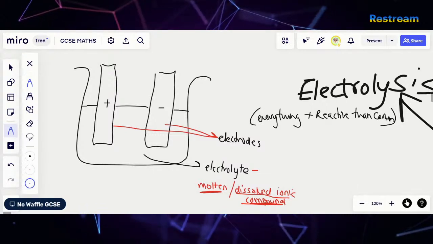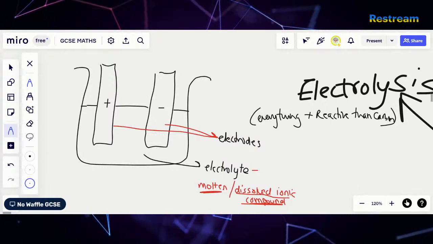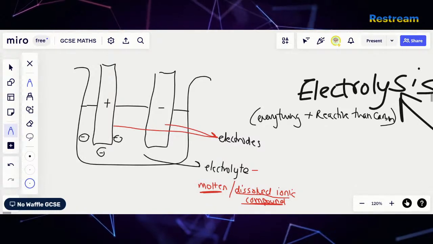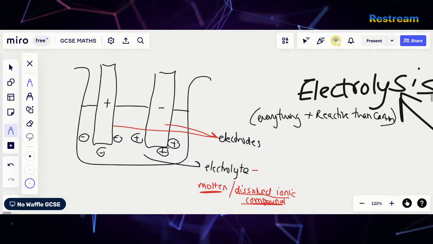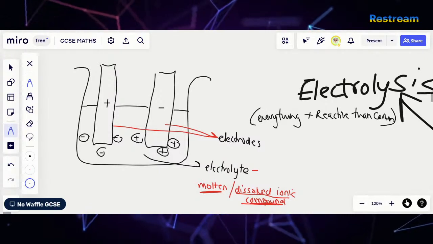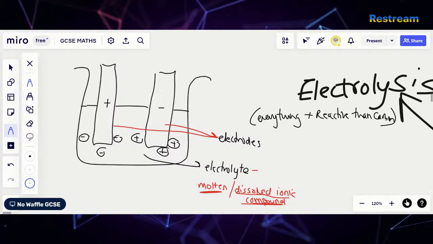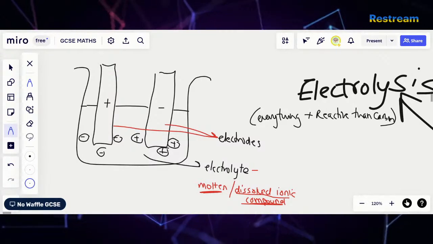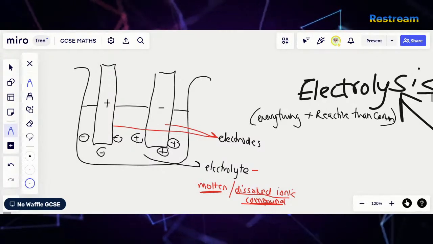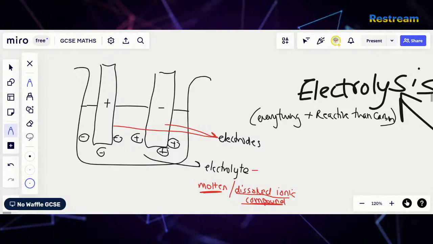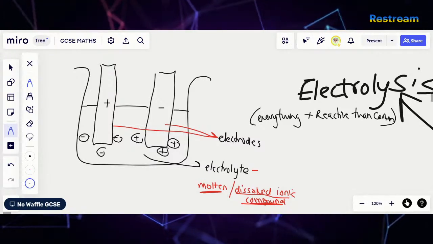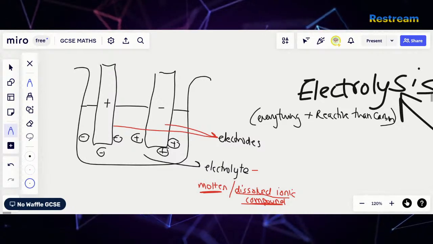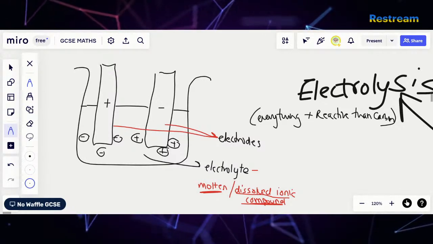So the negative ions move towards the positive, and the positive ones move towards the negative, because opposites attract. And this therefore separates the compound into separate elements. The positive ions in the electrolyte will move towards the cathode, which is the negative, and the anode, which is the positive, will attract the negative ions.